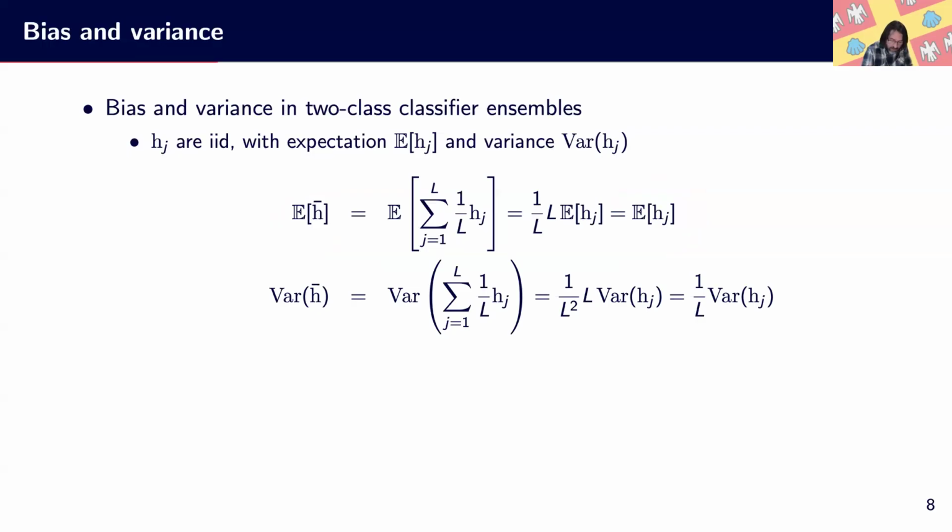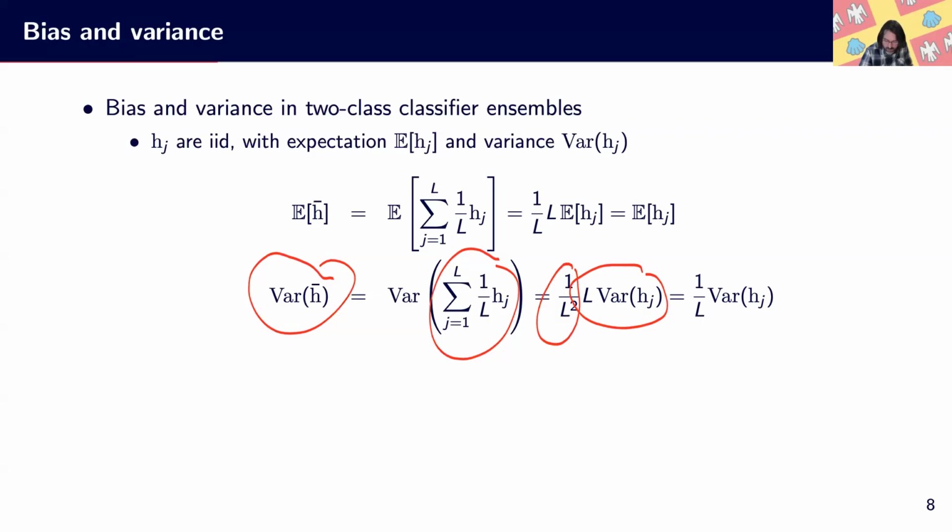But now, if we look at the variance, from which we can get informative elements, the variance of the ensemble is in fact the variance of the sum of 1 over L Hj for all Hj. If you develop the equation, you will see that it is equivalent to 1 over L squared times L times the variance of Hj. This is coming from the fact that the Hj are IID, so the individual variances are the same over all the models.